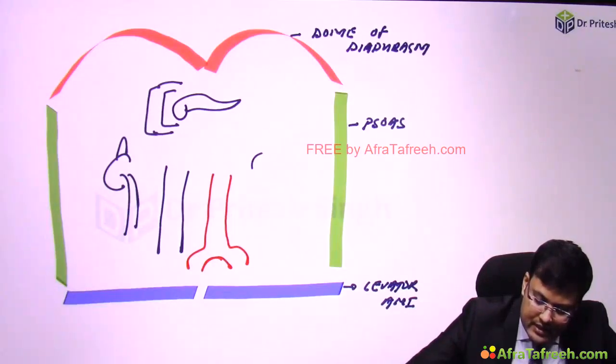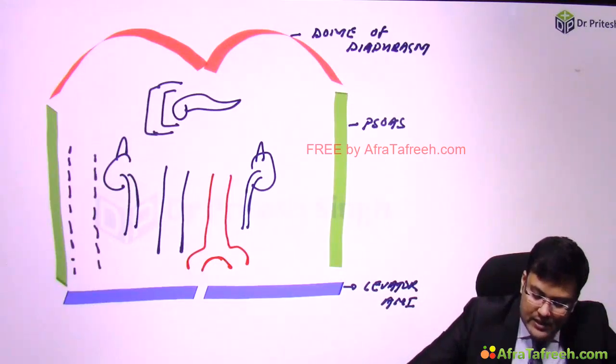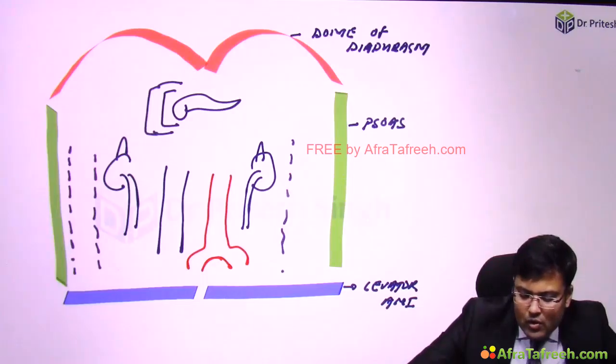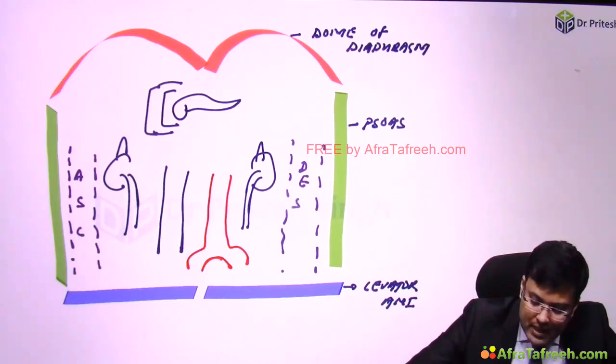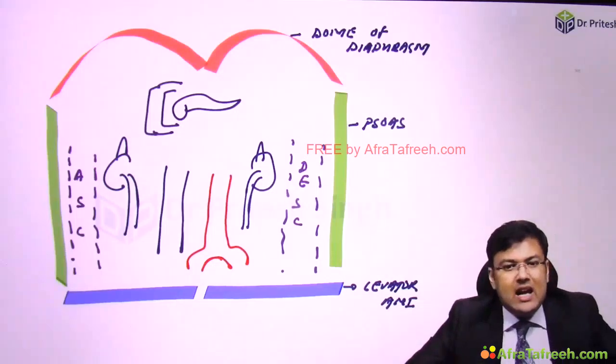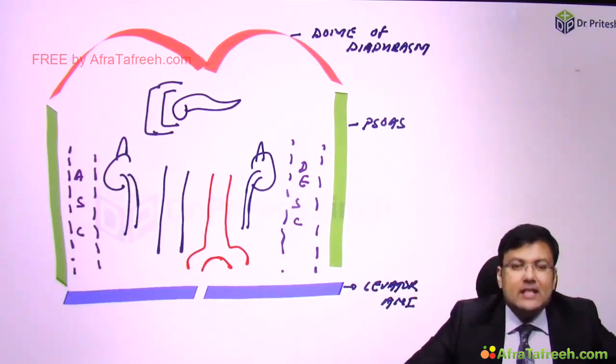This is the adrenal, kidney, ureter, adrenal, and this is the ascending colon, and this is the descending colon. Why are the ascending and descending colon dotted? Because only the posterior part is retroperitoneal, the anterior part is intraperitoneal. So for most of these pathologies, the investigation of choice for diagnosis is CECT.